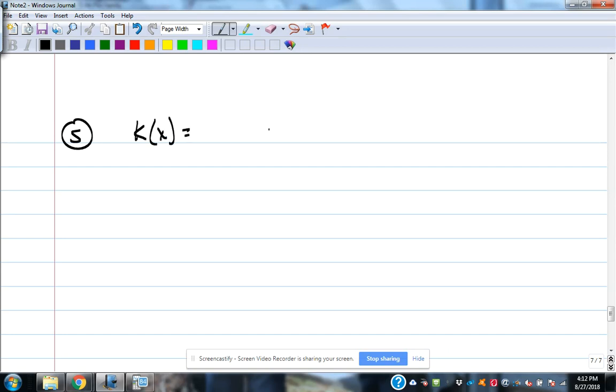K of x equals x minus 7 over the square root of 2x plus 10. This one's a little tougher. Where's the red flag?